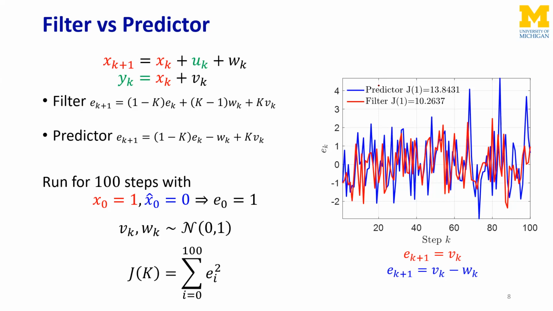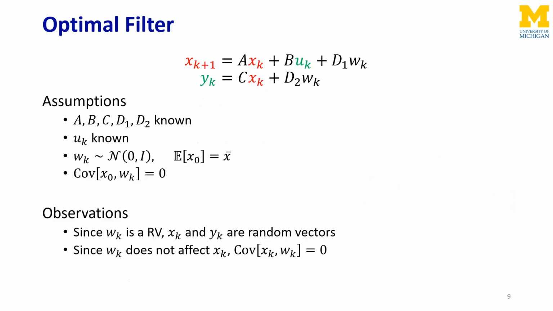Now, of course, we can do these types of experiments to figure out what the gain K should be, but we need a more systematic method of computing the gain K for the filter. So we're going to start with the same assumptions as before. As for the predictor, we have our system, which gets the input U and produces an output Y, which we measure.